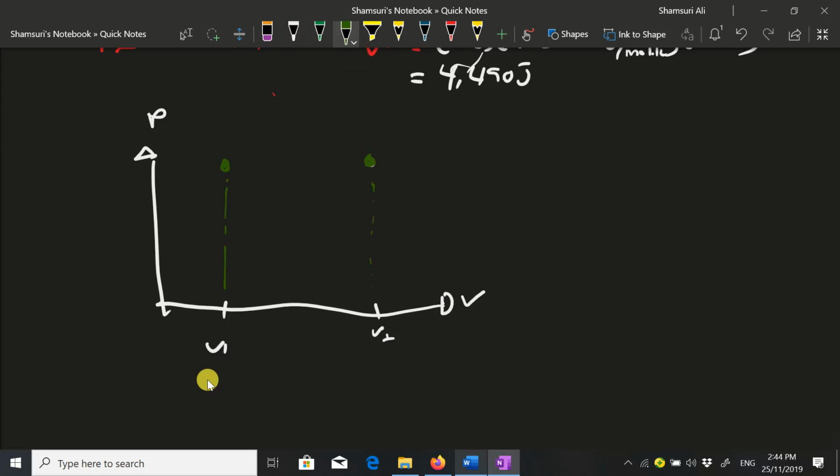So initially we have V1, V2. Our pressure is P0. The system changes from 30 degree to 50 degree.